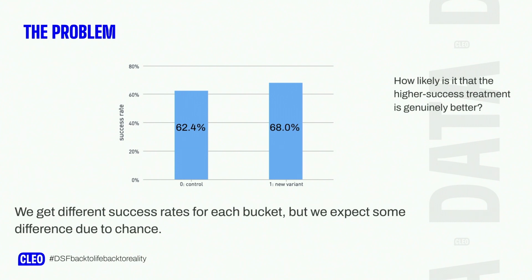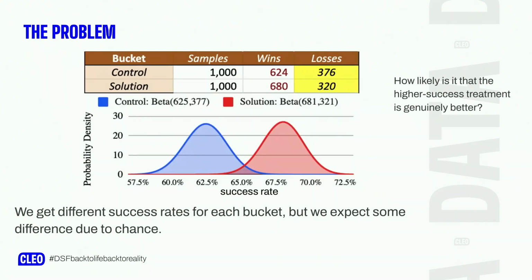So say each of these percentages was based on 1,000 users. So you had 624 wins out of 1,000 for one and 680 for the other.